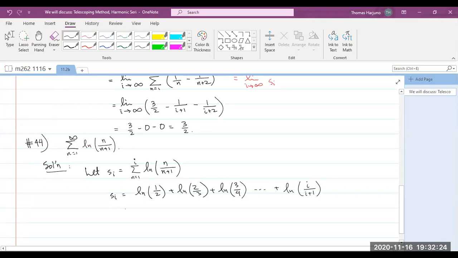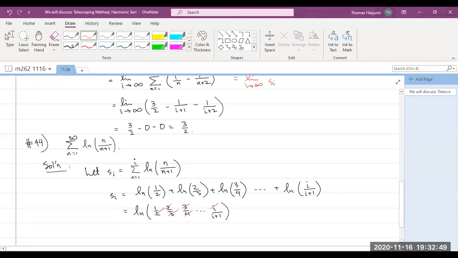Then this equals natural log of 1/2 times 2/3 times 3/4 all the way to i over i plus 1. Remember, sum of logs equals log of product. You see, if I have only 2 terms, this cancels, 3 terms, this cancels, 4 terms, and so on and so forth.